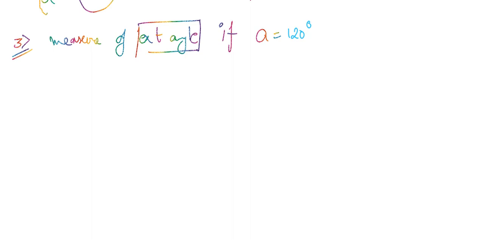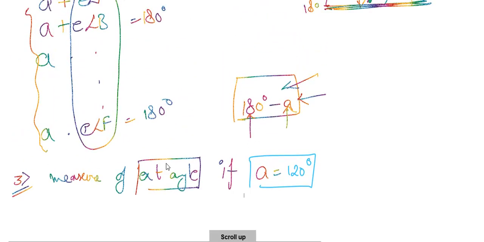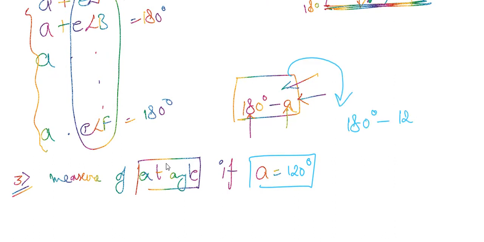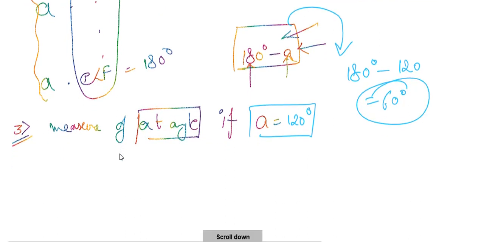If every angle measures 120 degrees, what would be the value of my exterior angle? Using the formula we deduced, 180 degrees minus 120, you get 60 degrees. So 60 degrees is your answer. Are you okay with that?